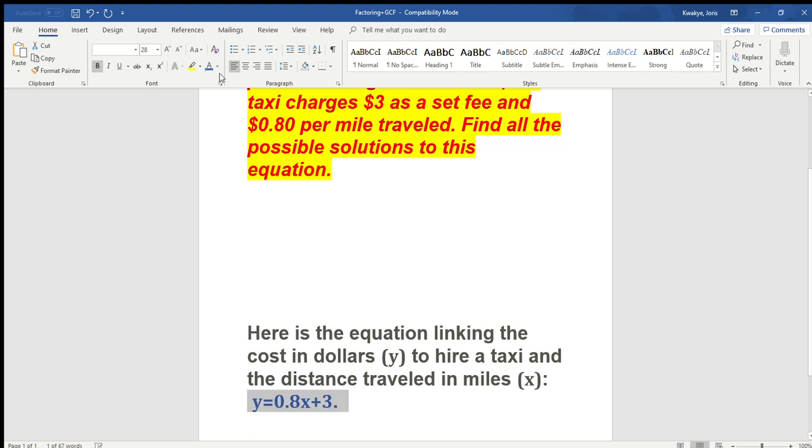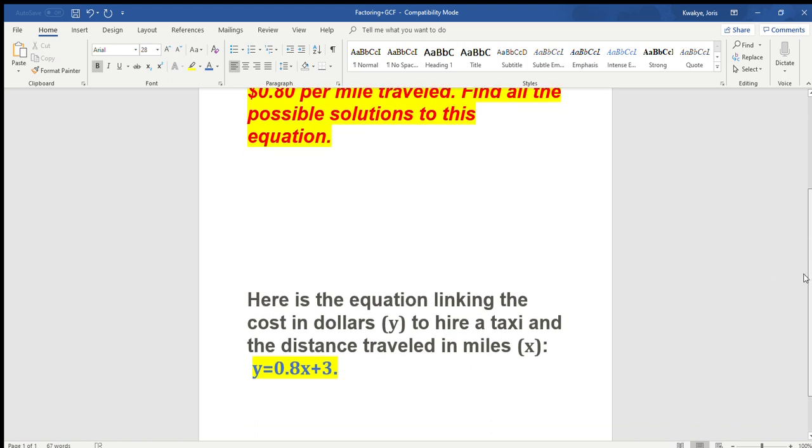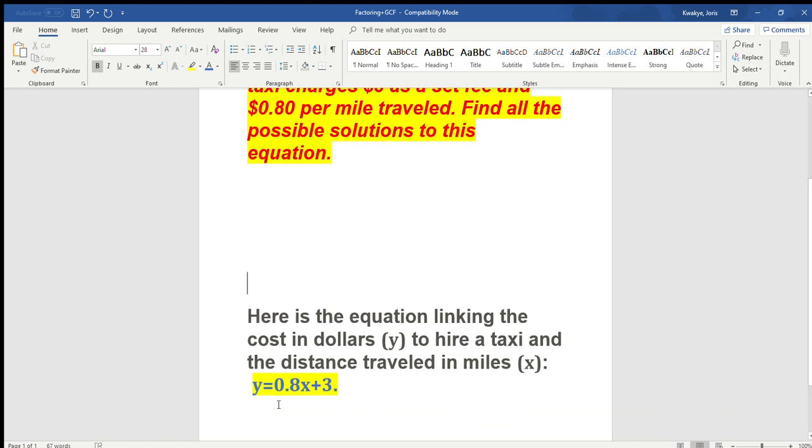That's not gonna work. Okay, so here's the equation. Y equals 0.8x plus 3. I'm almost giving it away, but you notice that 3 is the constant, right?